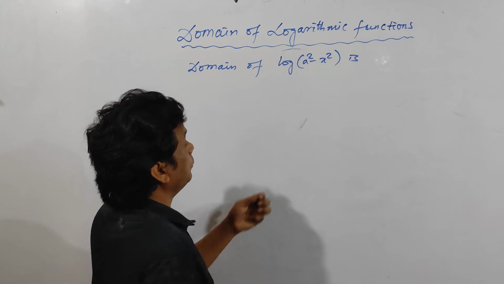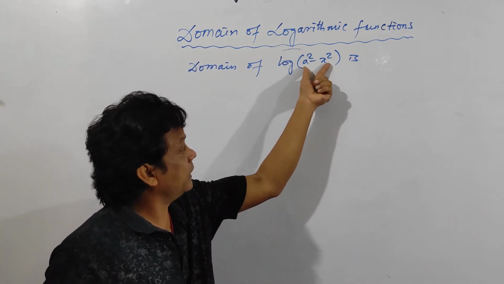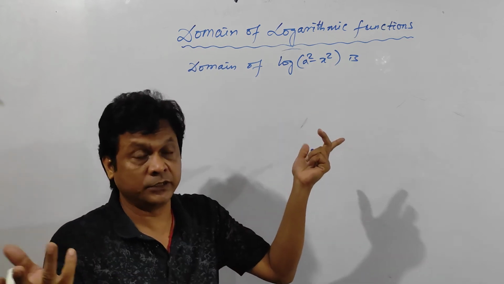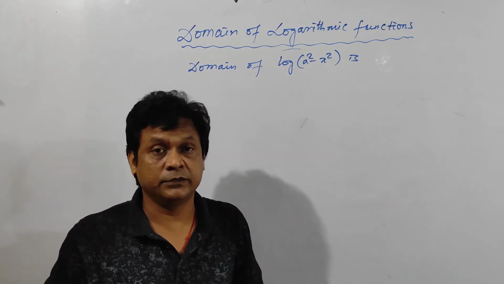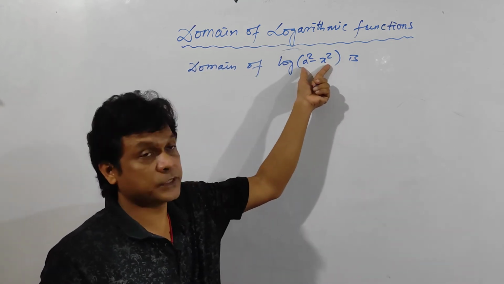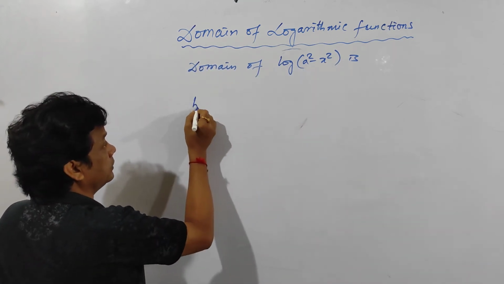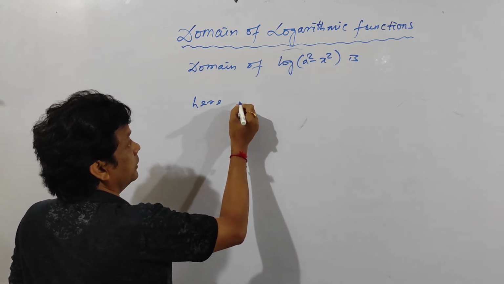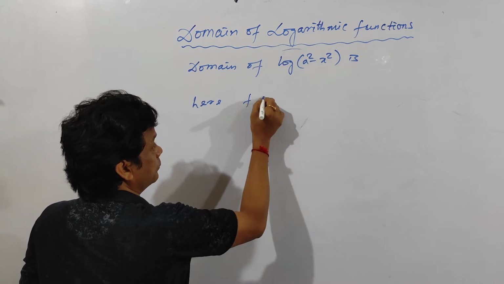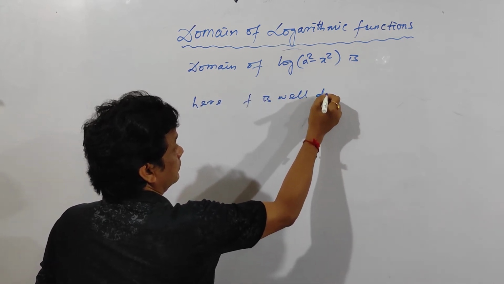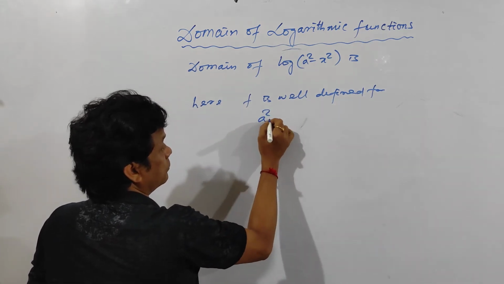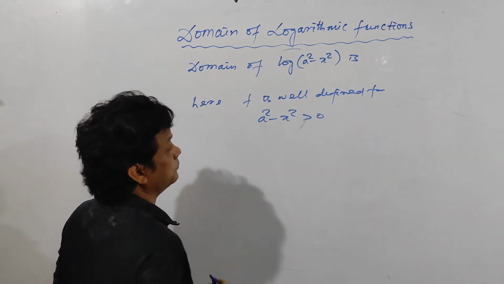So I have told you for a logarithm function this quantity should be positive, and the base is 10, which is always unequal to 1 and greater than 0. So this quantity must be positive. So here, if f is equal to this one, then f is well defined for a square minus x square greater than 0.